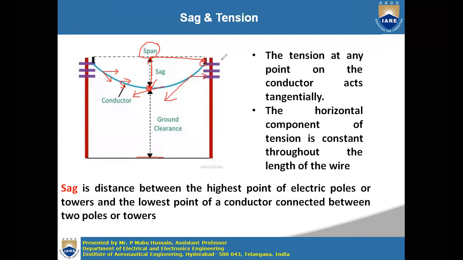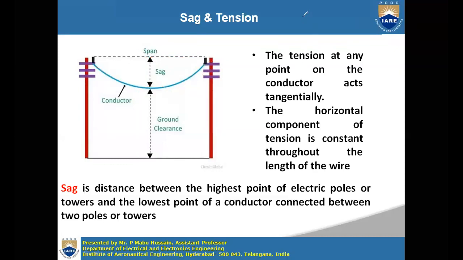At the supporting structure also, the horizontal component of tension on the conductor is always constant. If you take any point, at the support or at this point, the horizontal component of tension is constant. Okay. Right.